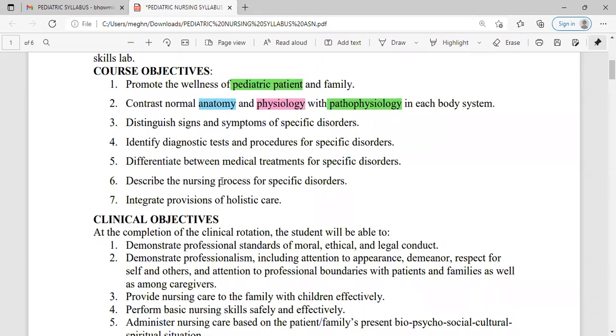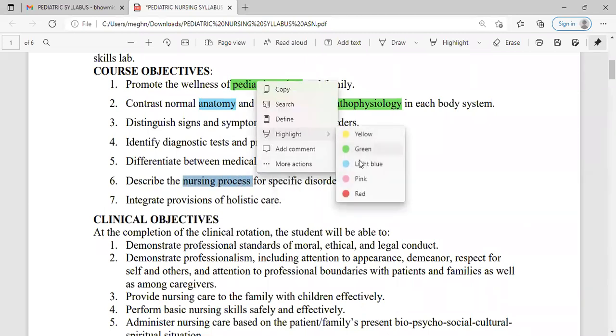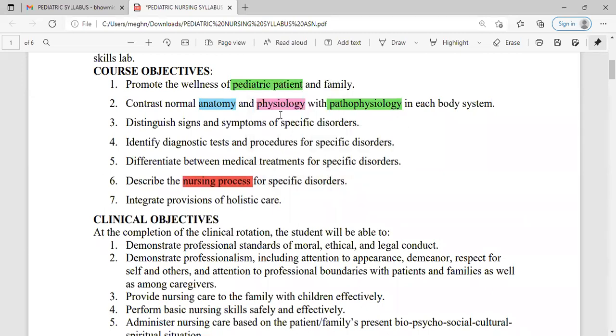Describe the nursing process for a specific disorder. So here we say describe the nursing process, right? Because we are going to get an RN license. The nursing process means there are 5 steps, right?